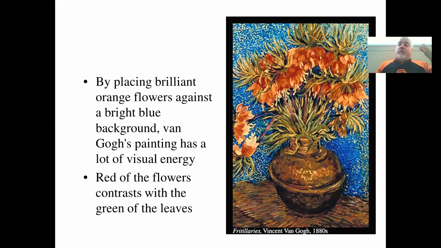They pop from each other. And there's a lot of warm colors. Even though there's blue in the background, the browns and yellows and even the greens tend on the yellow side. There's tons of energy and warmth in this picture, despite the contrast of the blue.